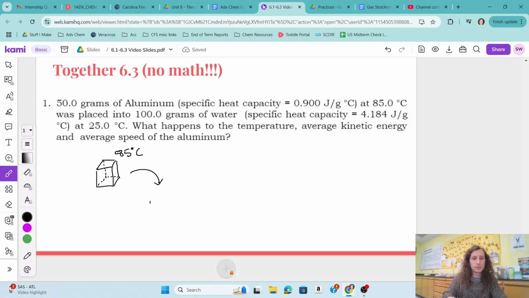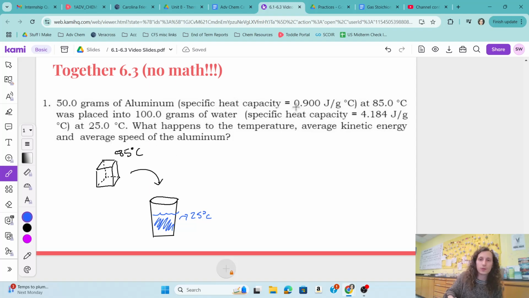So here we've got a cup. Forgot I can sometimes draw straight lines if I just use my computer correctly. And the cup is full of water. The water is 25 degrees Celsius, and we've got 100 grams of it.